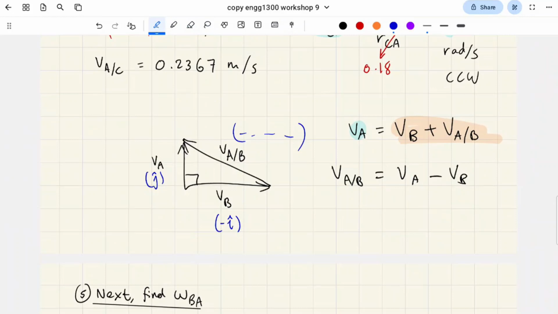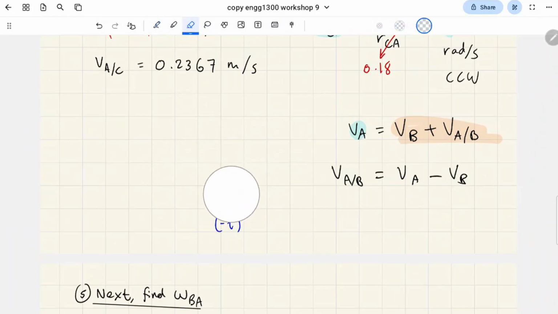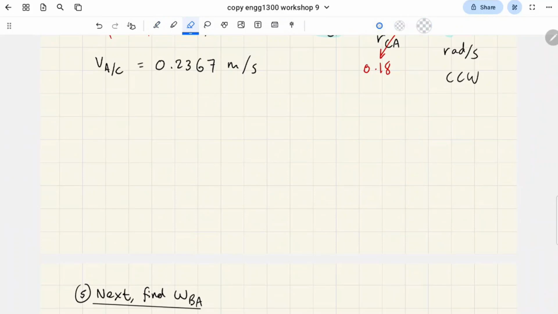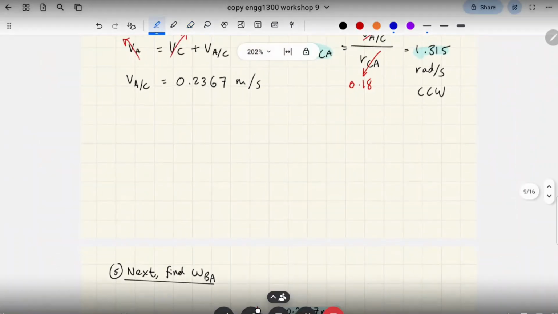Basically, we just want the magnitudes of these arrows, one way or another. I think the easier way of doing it is using geometry, including using the sine law, if that makes more sense.